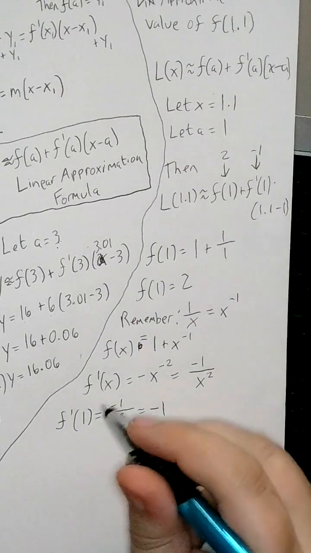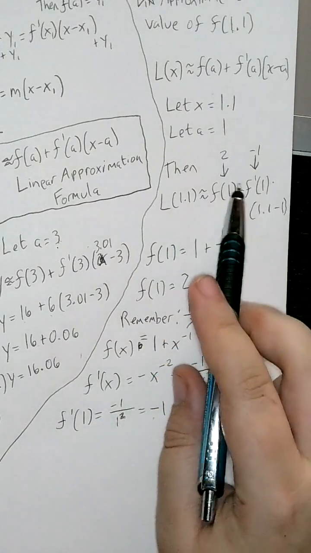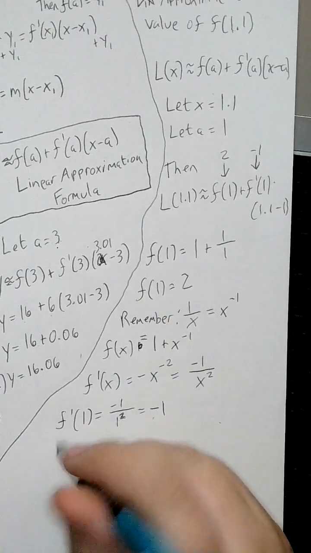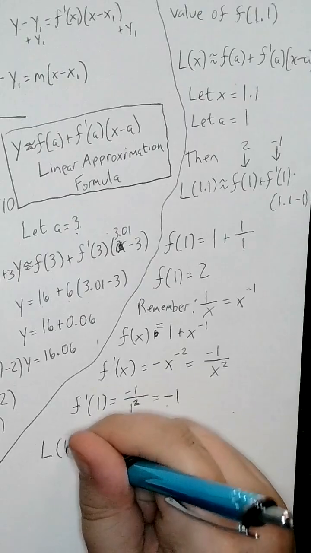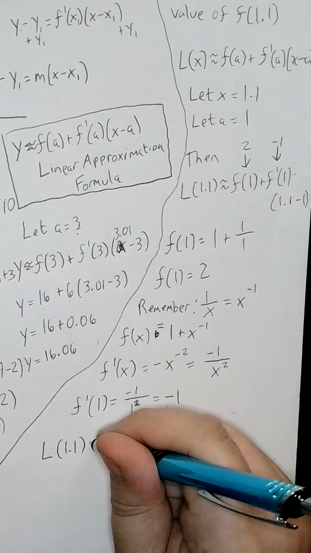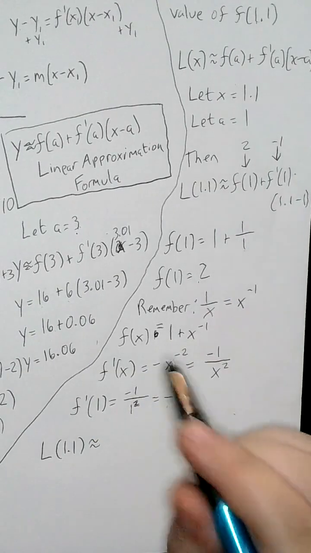Okay, so now I have everything I need to solve for that. So, linear approximation at 1.1 is approximately equal to f of 1, which we discovered was 2.